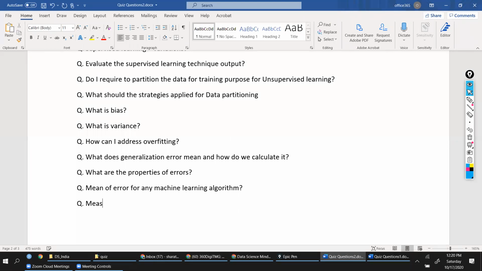Now, to measure a quantified error, we use what techniques? What can we do for measuring errors? What all error techniques are there? Error functions.